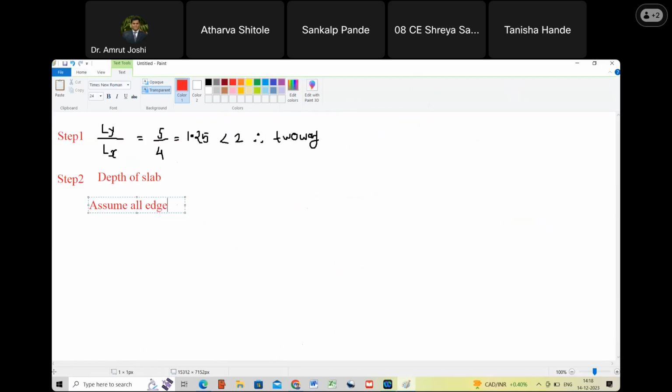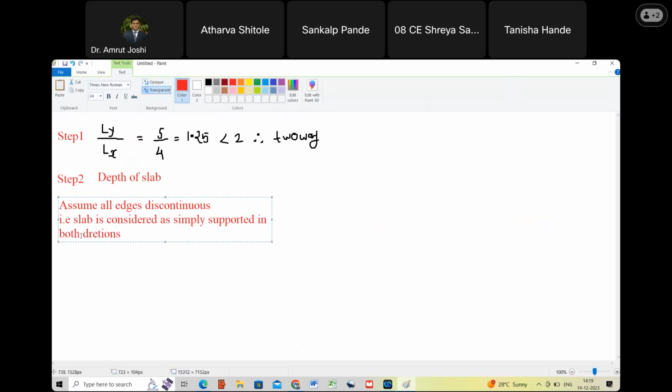Yes, sir. हाँ, तो assume all edges discontinuous का मतलब होता है you are going to consider the slab as simply supported in both directions.